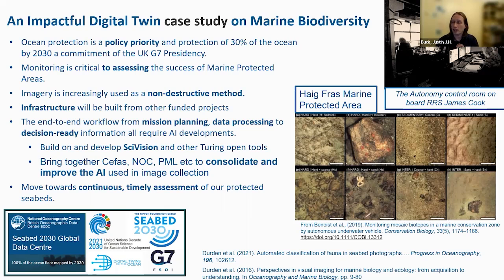And a lot of the surveys are done using marine imagery from autonomous vehicles. And you can see examples in the bottom corner. The digital twin is effectively building services on images, so machine learning and artificial intelligence can be built on top. And that will enable decision making in terms of where to do surveys and also inform policy and reporting to stakeholders.